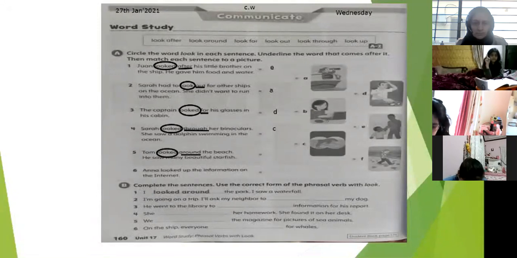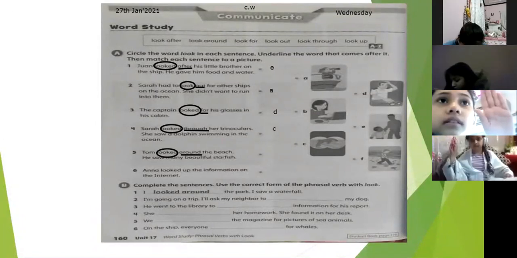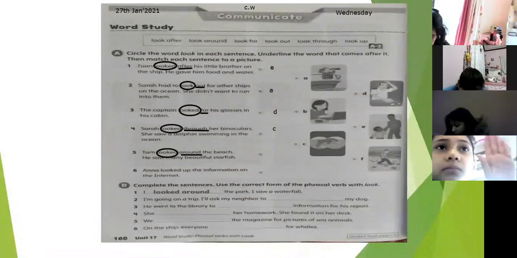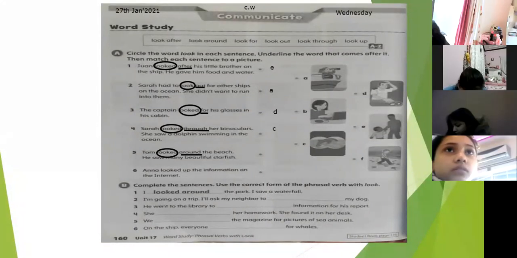Okay, so you will match it with which picture? Ma'am, F. Yes, very good. It will be matching with F.